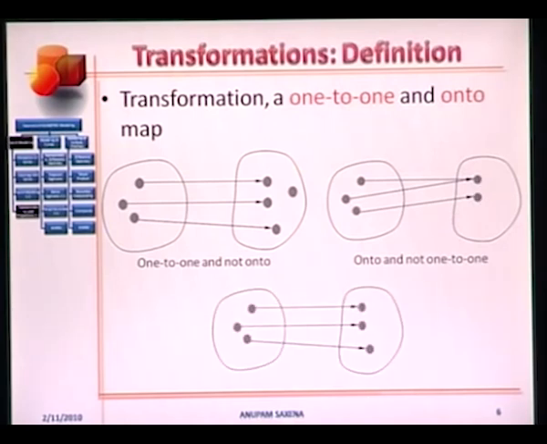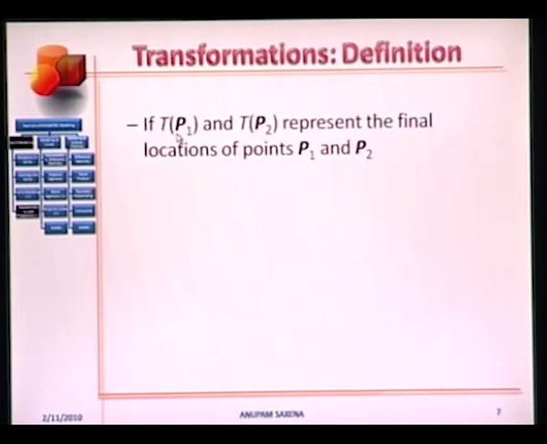Look at this function here. All the elements in the domain set have respectively unique images in the range set. There is no element in the range set which is vacant. This is a one-to-one and an onto map, which is what transformations are.